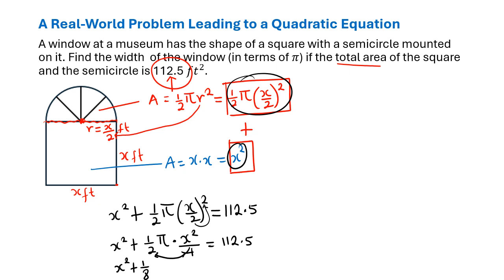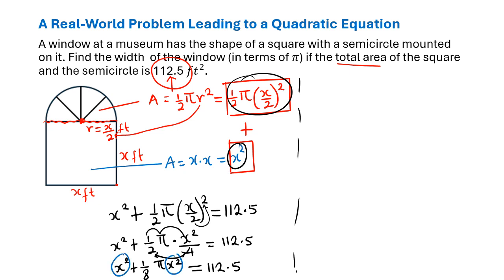From here, I multiply the numerators, which is 1 times pi times x squared, so that will be pi x squared, all over 8, and all of that is equal to 112.5. All right, let's keep going. From here, I think I can factor out the x variable, the x squared.